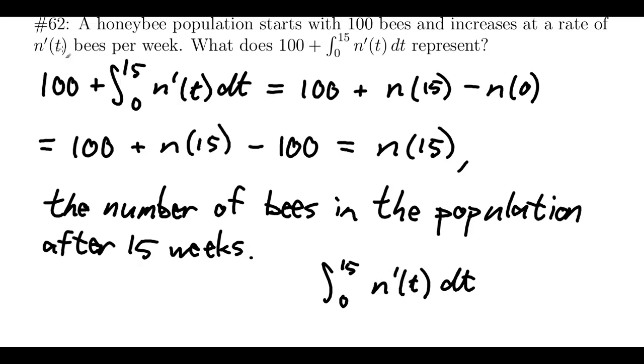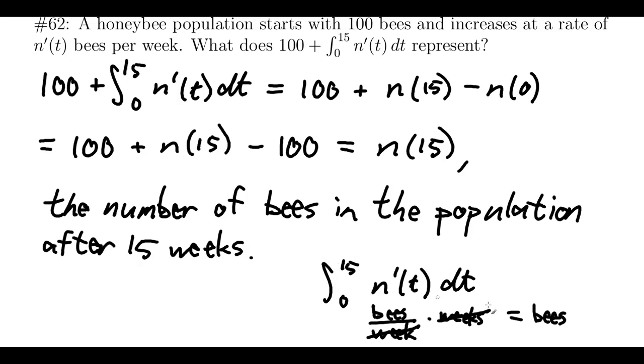We're told that n prime of t is measured in bees per week. dt is a very, very small change in time. So what units would time be measured in? Looking at the way this is phrased, time is probably measured in weeks, hopefully. So n prime of t is measured in bees per week, dt is the change in time measured in weeks, weeks cancel, and we're left with units of bees.